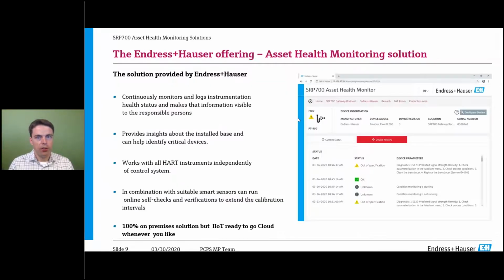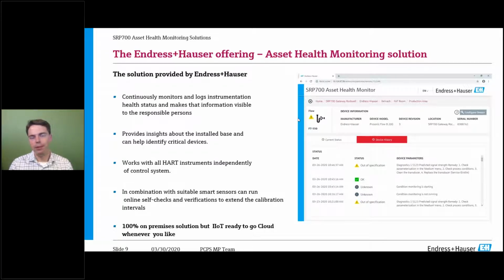So what does the solution that we provide do? First of all, it continuously monitors and logs the instrumentation health status, and makes that information visible in a very easy way, as you will see in the live demo. It provides insight into the installed base, so you see what you have on site. You also see if devices are disconnected or if new devices are connected. It works with all HART instruments, absolutely independent of the vendor, so it doesn't only work with E&H.